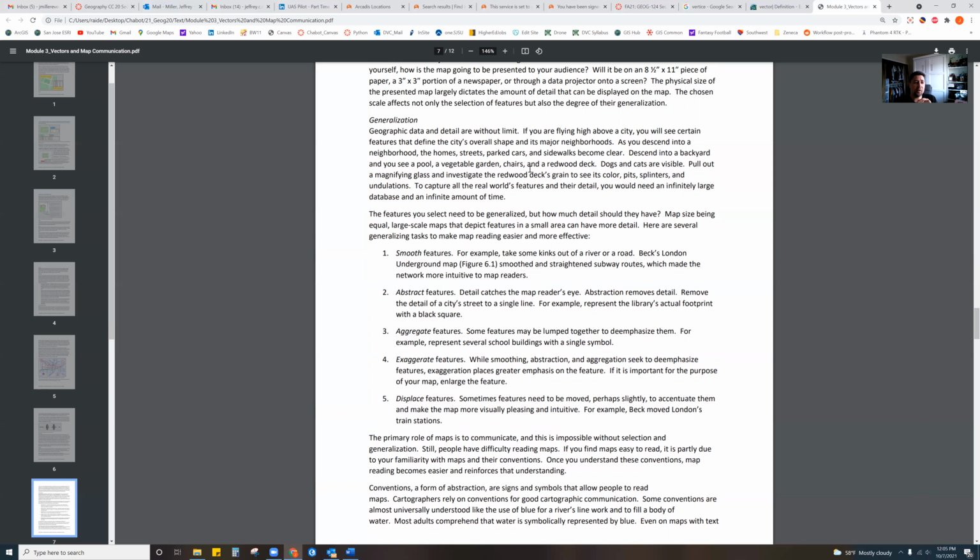Well, a stream probably does something more like this with smoother edges, as opposed to a very rigid bank kind of line, what a line might look like. So to smooth that feature, right? To smooth that river feature would be a generalization, right?